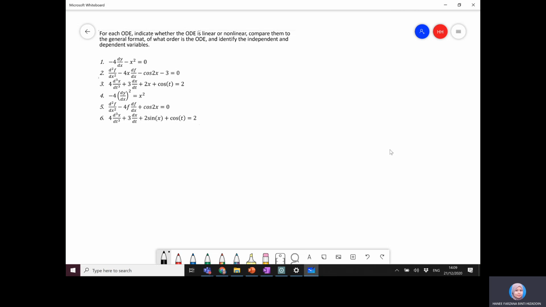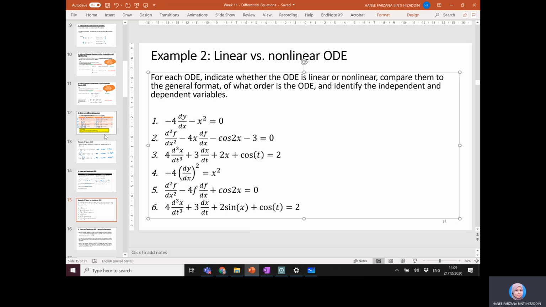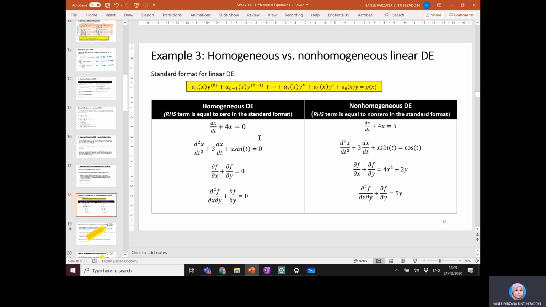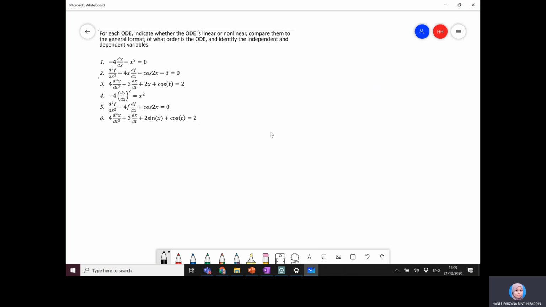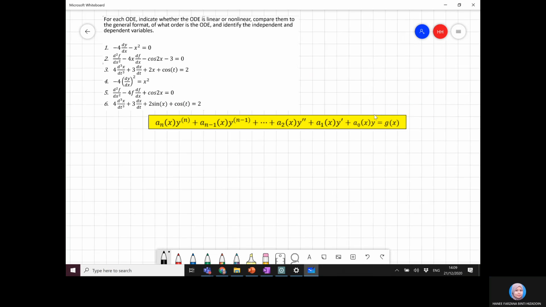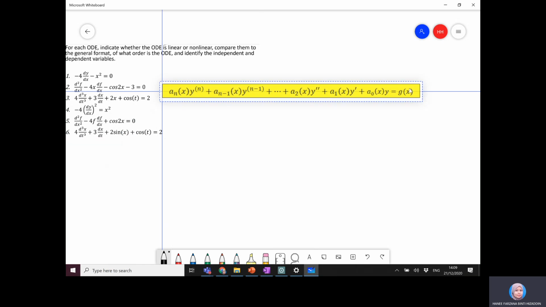So first example, you want to compare with the standard format. So the standard form is, let me copy. Yeah, this is the standard form for the linear differential equation. Okay, so you want to compare with this form. I just want to write this here.